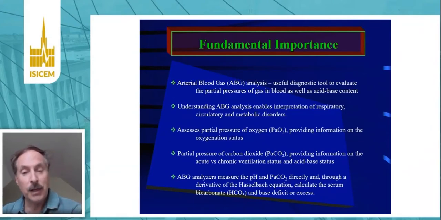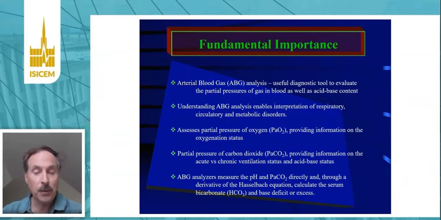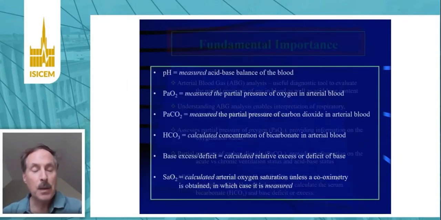It particularly gives us a reading on the partial pressure of carbon dioxide, which is highly important in our ability to interpret the patient's ventilation status. And given that the pH is dependent on acid-base factors within the plasma, we can derive information about the serum bicarbonate and base deficit or excess.